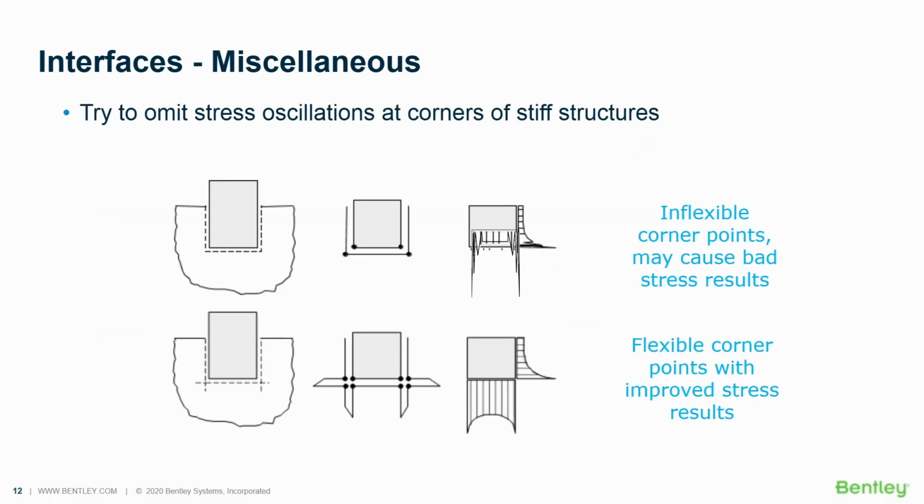Something interesting to know about interfaces still, this is the case of inflexible corners. This is something that may often develop at the location where the corners are defined, where you see at each corner a pair of nodes which belong to two independent sliding mechanisms, one which is horizontal, another one which is vertical.